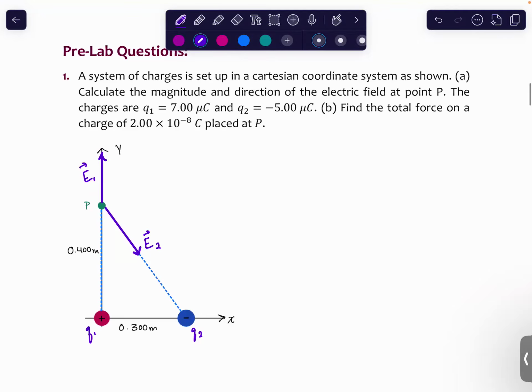for the total electric field, once again, this is called superposition of the electric field. You're going to get, let me write this underneath so I have more room.